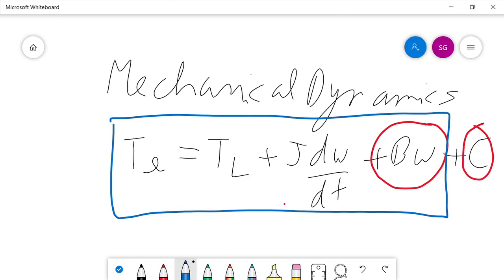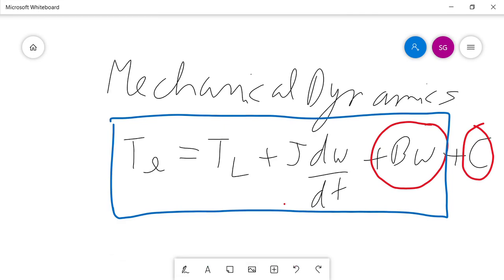So let me tell you that there is no significant difference in both the equations. You can go through both equations and see that there is only a very minute difference. So in this PPT, let me take this B omega.